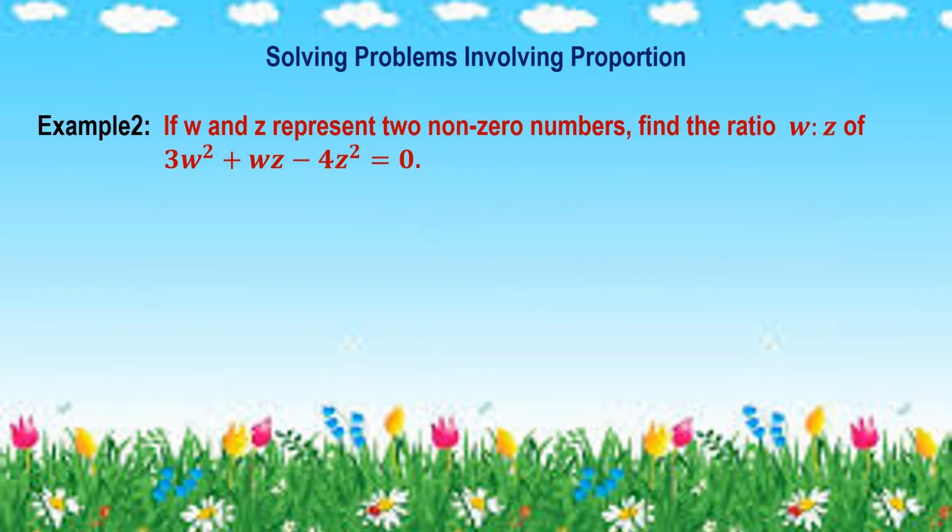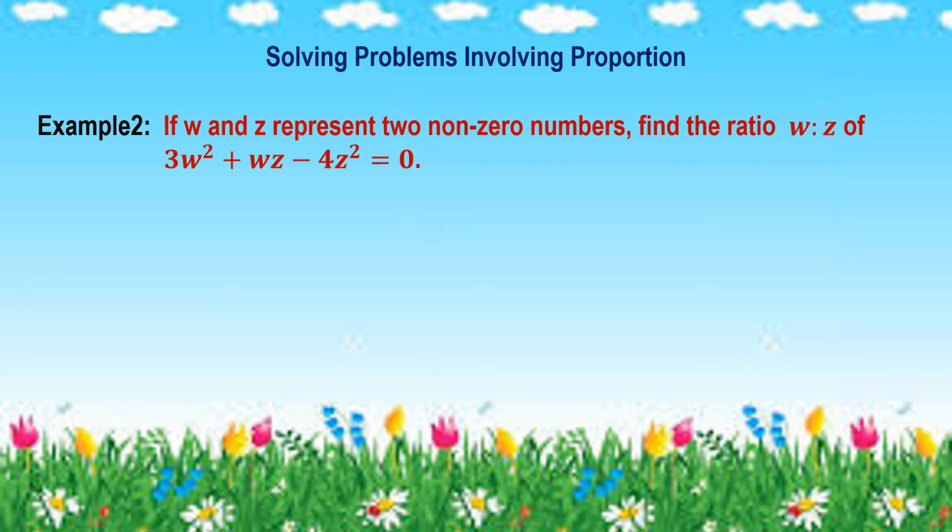Example number 2. If w and z represent two non-zero numbers, find the ratio w is to z of 3w squared plus wz minus 4z squared is equal to 0.